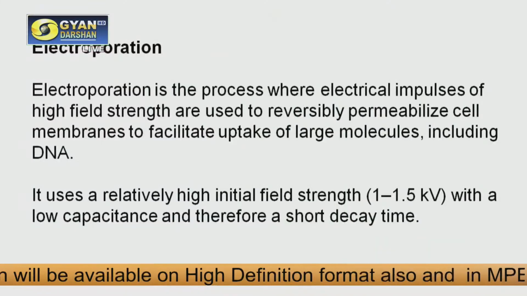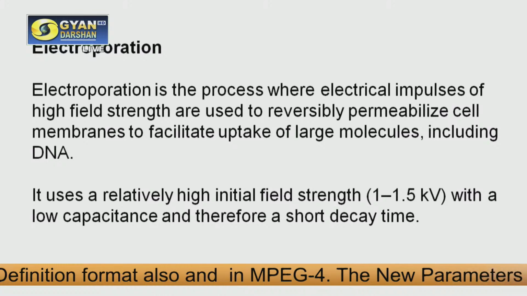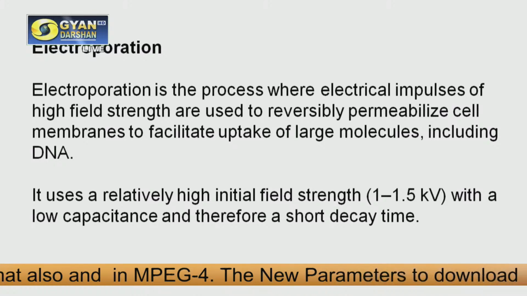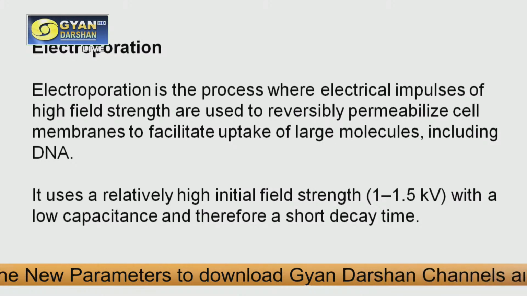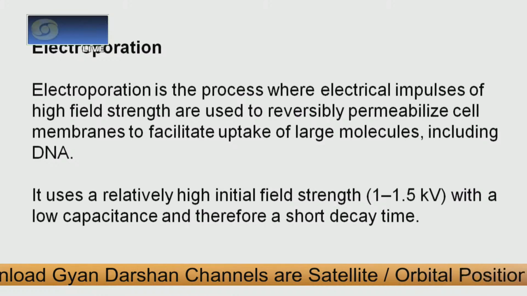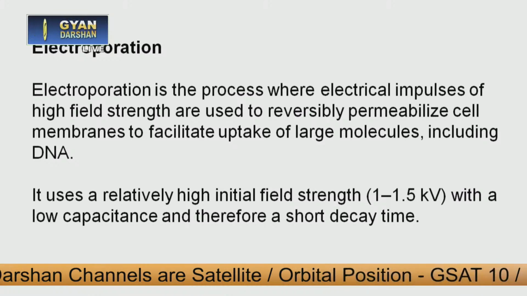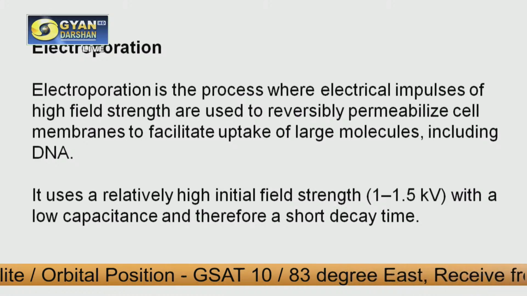Electroporation. This is again very routinely used, at least with bacterial specimens; it is a very common method. It's a process where electrical impulses of high field strength are used to reversibly permeabilize the cell membrane to facilitate uptake of large molecules including DNA. It uses a relatively high initial field strength with a low capacitance and therefore a short decay time.